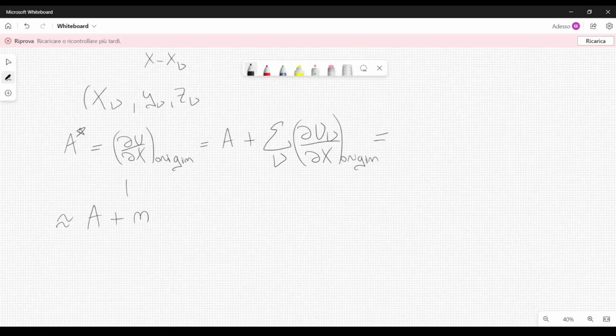Do not confuse it with capital N, which was the total number of spheres, whereas this is a number per unit volume. And then we integrate the derivative of u nu with respect to x evaluated at the origin over the volume, and this is equal to a.